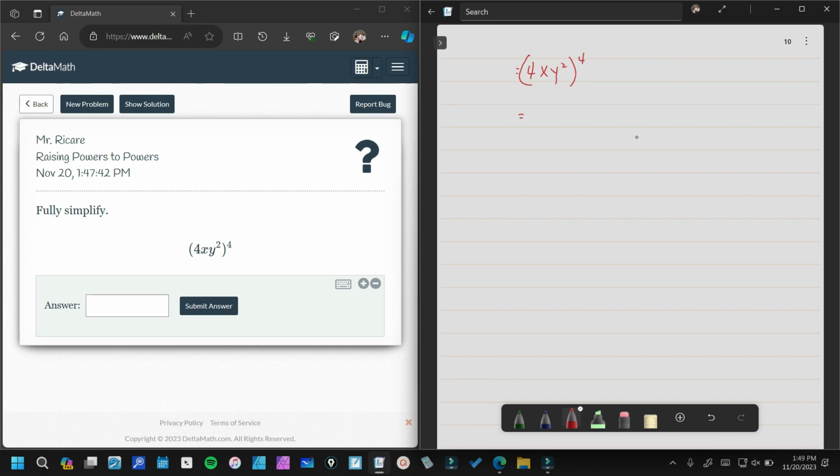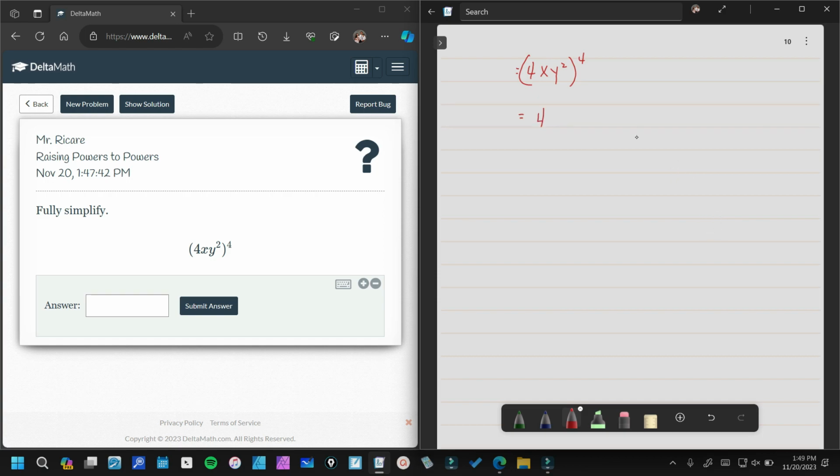So here what we will do is distribute that 4 and multiply it to the exponents of each coefficient inside the parenthesis. We will consider every coefficient. For example, the 4 that has an exponent of 1, right?